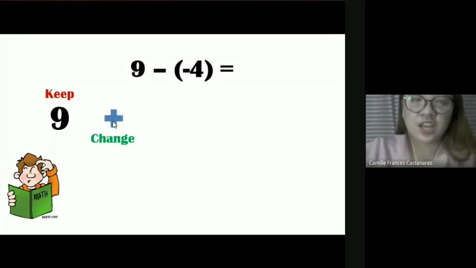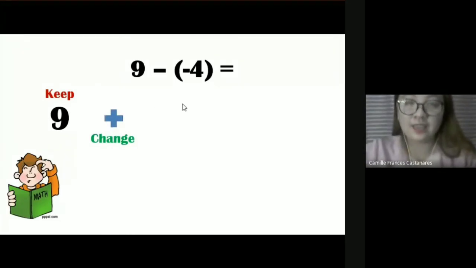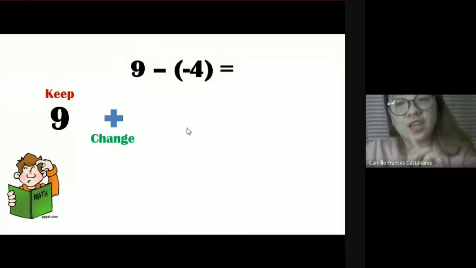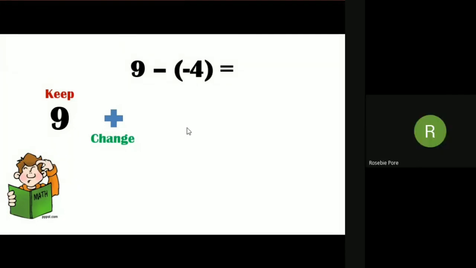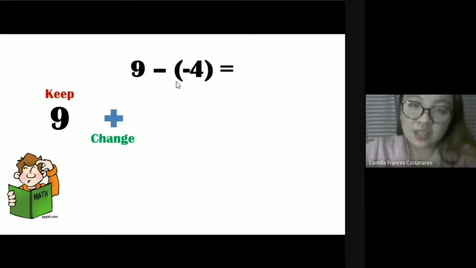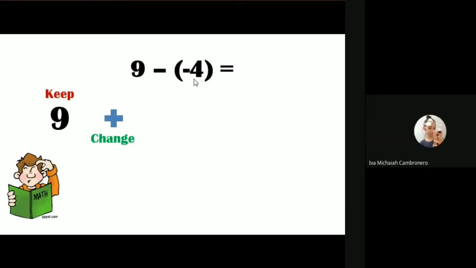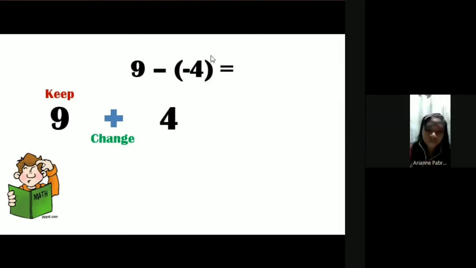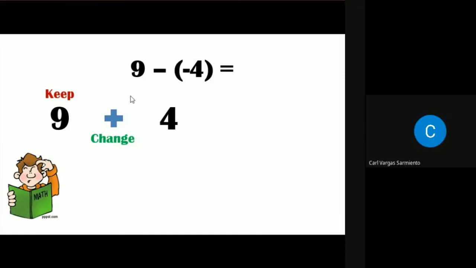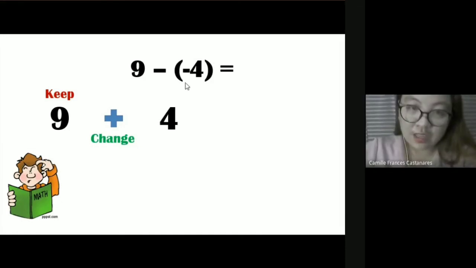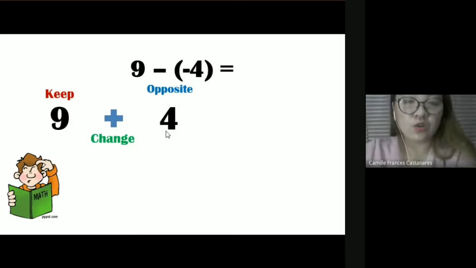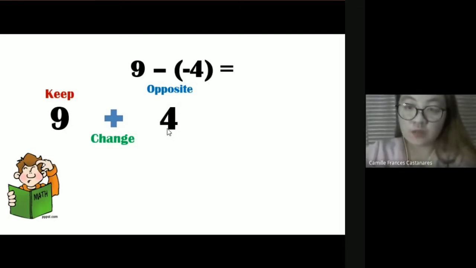And then, keep, change, and what is the other one? Change. Since our second number is negative 4, what is the opposite of negative 4? Positive 4. Okay, very good. We write the opposite of negative 4, which is positive 4.